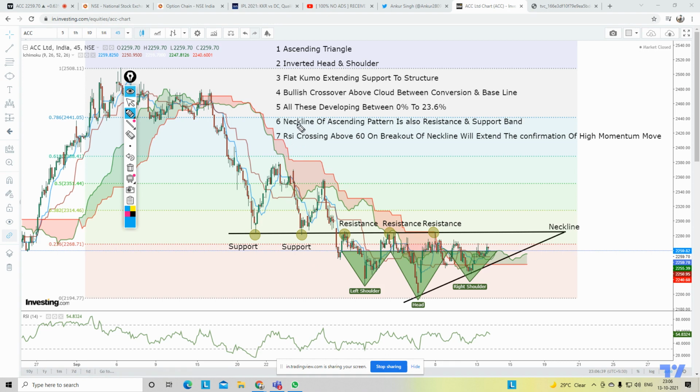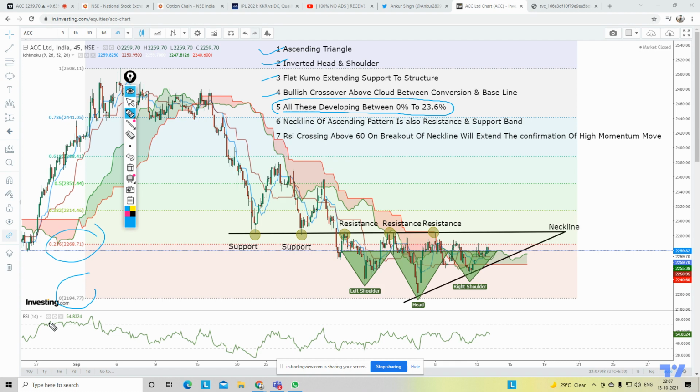The fifth important point is all of the above 4 points, the ascending triangle, inverted head and shoulder, flat Kumo, and the bullish crossover above the cloud, are all happening between the 0 to 23% of Fibonacci. So any kind of long-term breakout has to come with multiple chart structures and signaling in the structure in the lowest range.